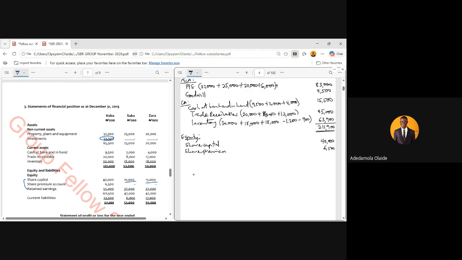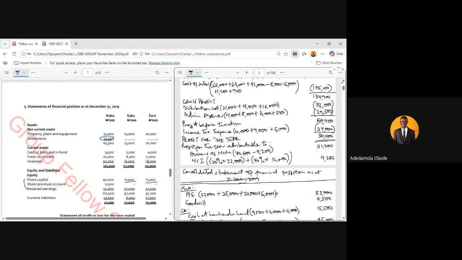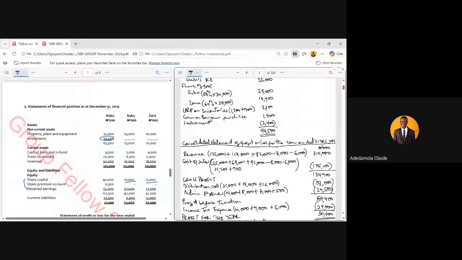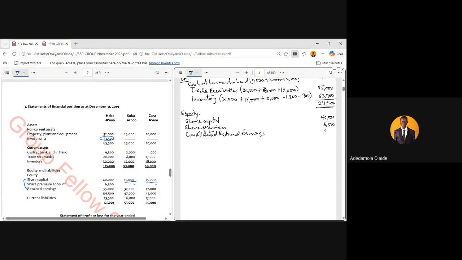Then consolidated retained earnings, 94,500. So that will give us 141,000 as shareholder value.